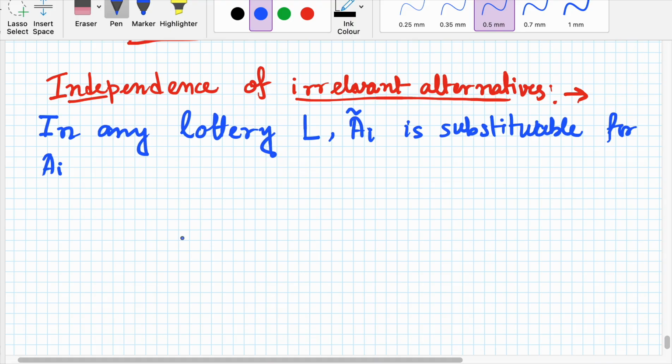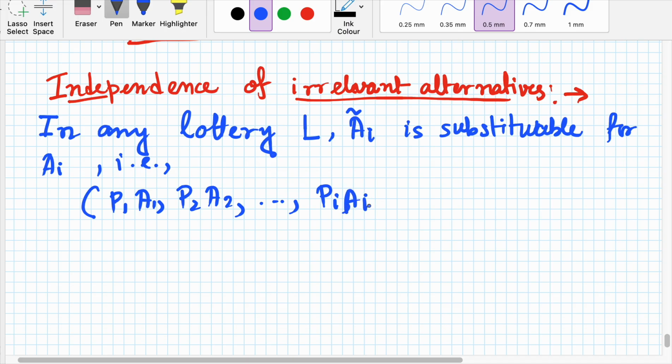So in a lottery with P1 A1, P2 A2, up to PI AI, up to PR AR, if I put irrelevant alternatives, with probability P1 A1, with probability P2 A2, it doesn't matter, since AI is indifferent with AI tilde.